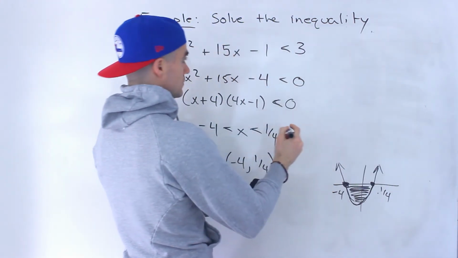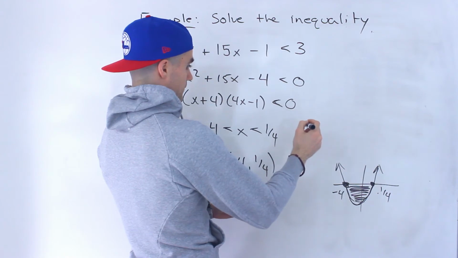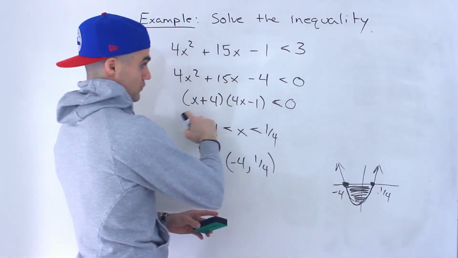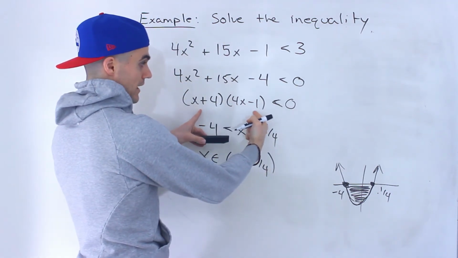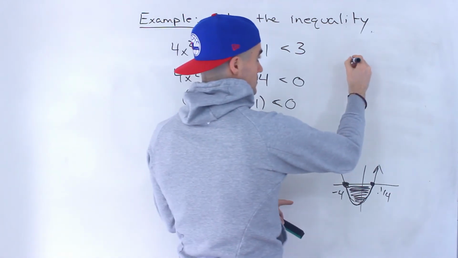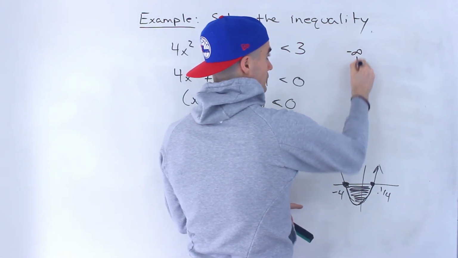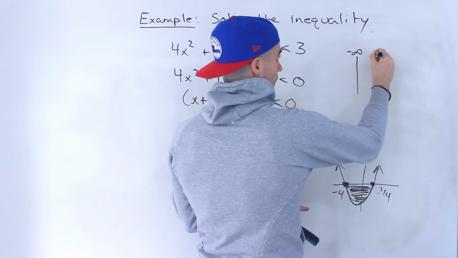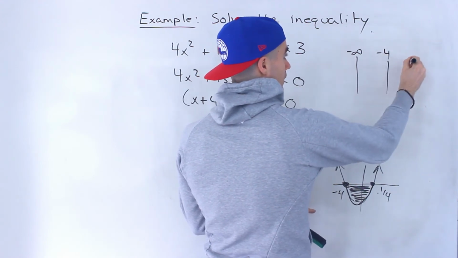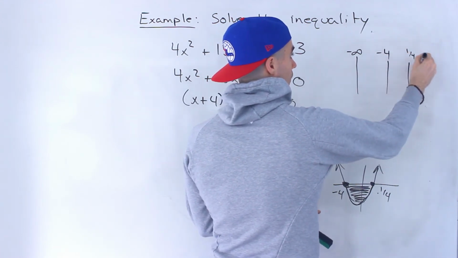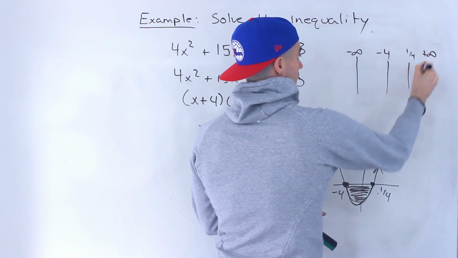What we can do is figure out first when these brackets equal 0. We have those two x values. So what we would do is have negative infinity, then go in order, negative 4, 1 over 4, and then positive infinity.